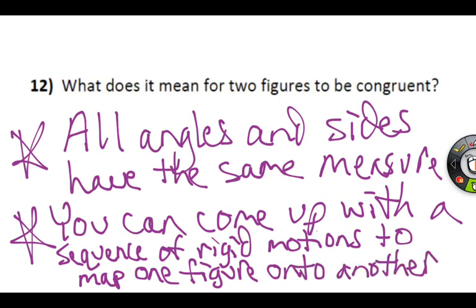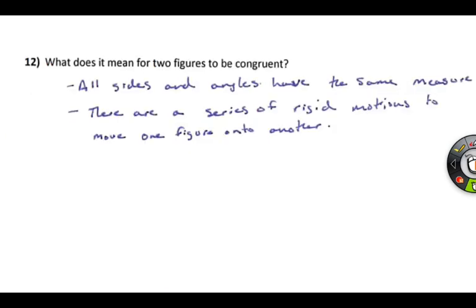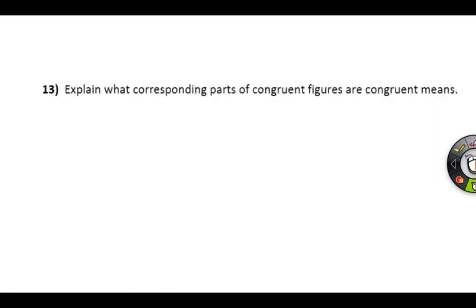Alrighty. Okay, let's see if I'm almost done. I think this is the last one I have. Explain what corresponding parts of congruent figures are congruent means. Okay, so that just means that if you have two figures that are congruent, every single part that's in the same location is congruent as well.